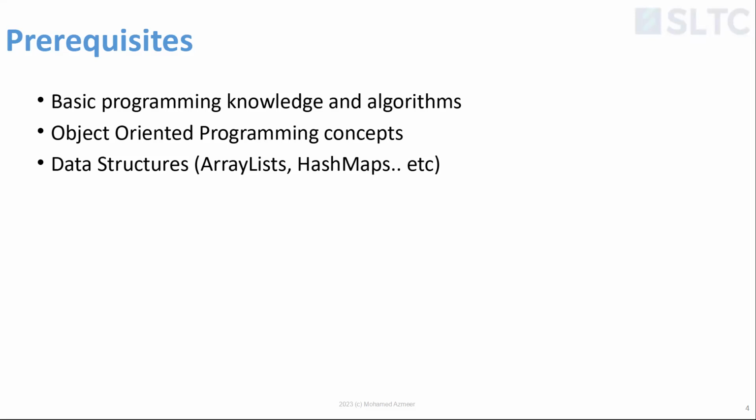If you need to brush up on algorithms, and when you say algorithm, we're actually talking about patterns, right? So your understanding of patterns, of object-oriented principles and concepts, and also data structures. Without it, it will be very difficult to understand what is going on with the application here.